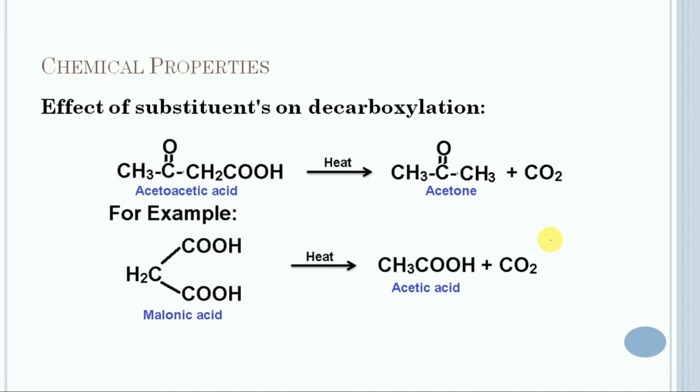Then effect of substituent on decarboxylation. Since the formation of carbanion in decarboxylation is the key step, so any factor which increase the stability of the carbanion should increase the ease of decarboxylation.